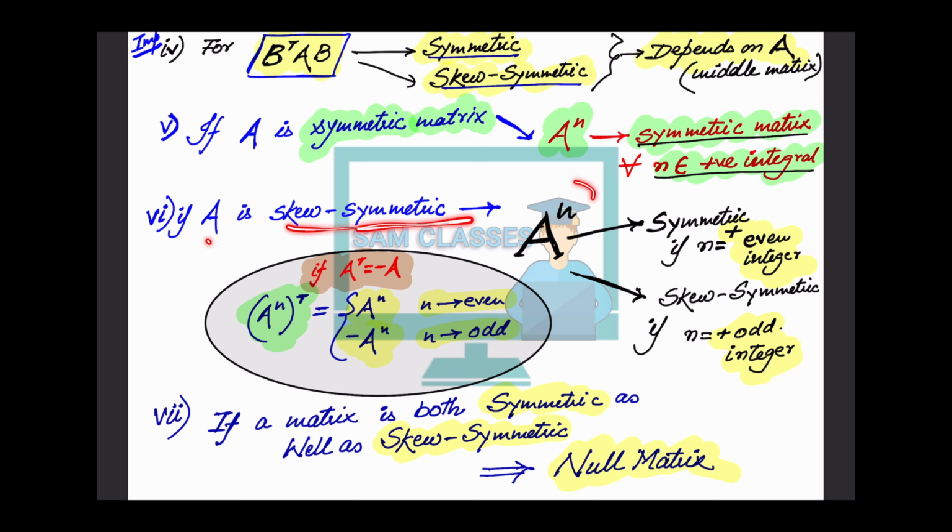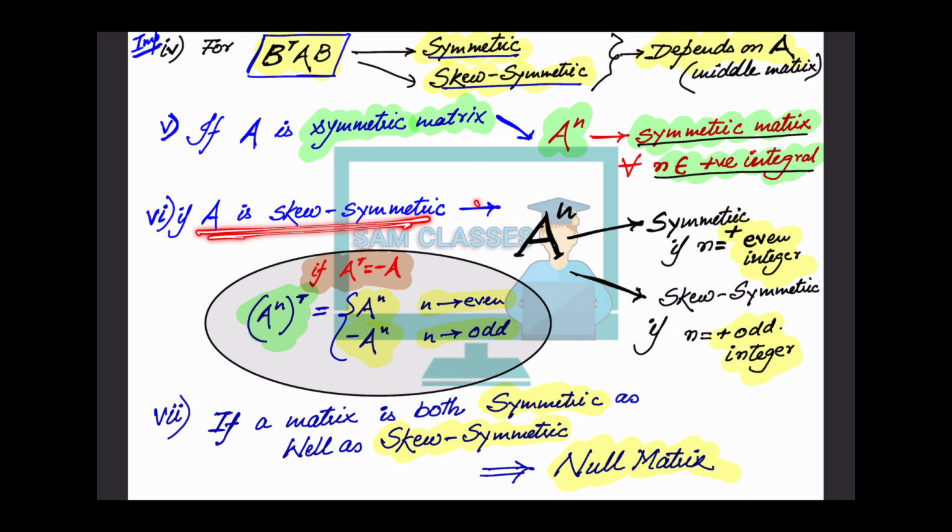Integral means what? Integers, students. Now, if A is skew symmetric, A power n can be symmetric when n is a positive even integer, and skew symmetric when n is an odd integer. So understand, if A is symmetric, A power n will always be symmetric.